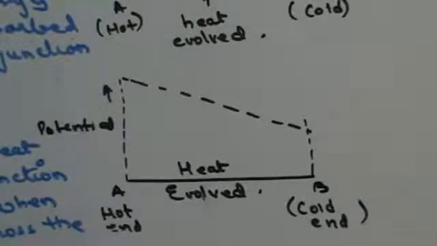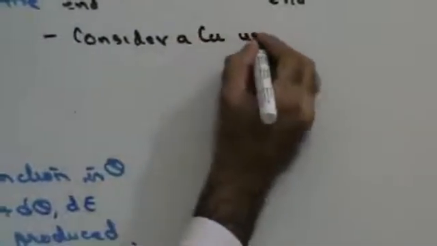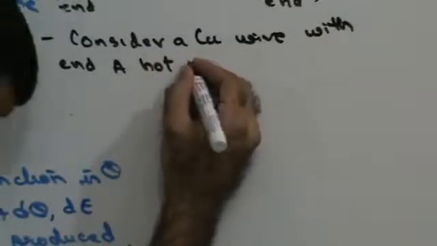Let's write this down. Consider a copper wire with end A hot and end B cold.